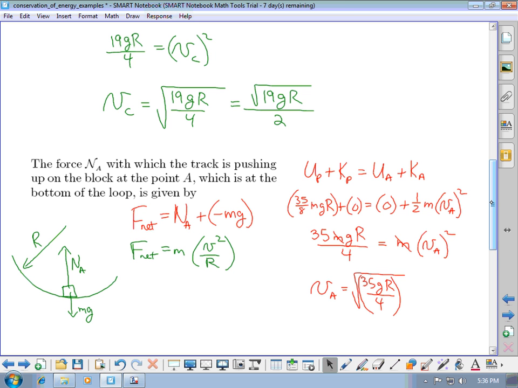Because in my net force equation I want v squared, I really didn't need to go that last step. So this net force is going to be m times 35 gr over 4, because that's the speed squared, divided by the radius.